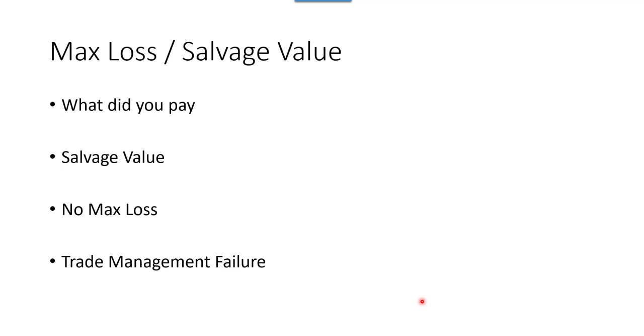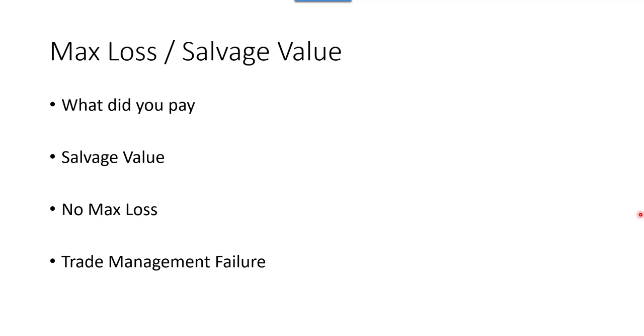Max loss and salvage value. It is very rare to take a full loss in a calendar trade because the back expiration option will almost always have time value left in it. Because it still has time value, that means it still has value. So the typical way people lose 100% in a calendar is by not managing the trade early.